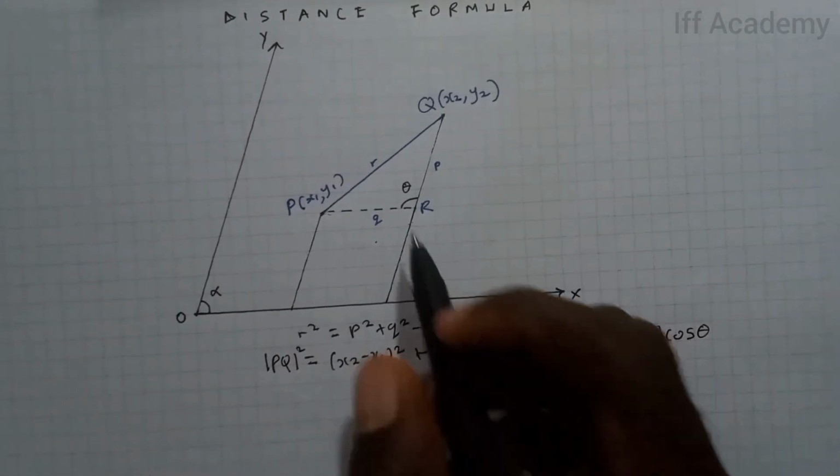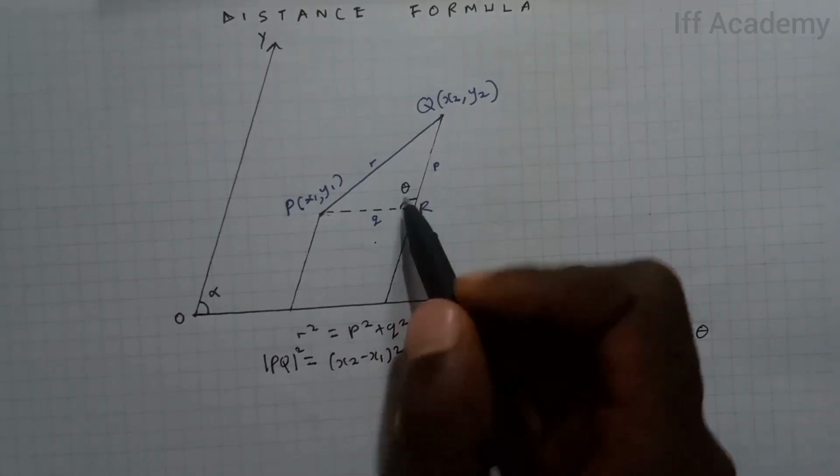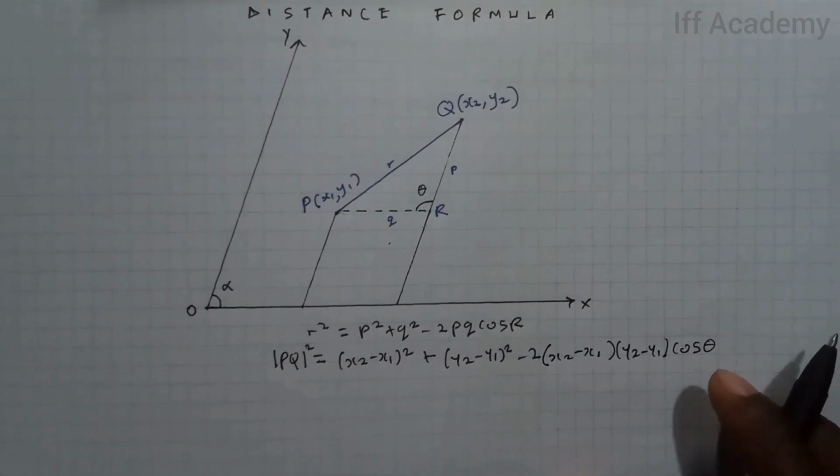So cos r is what? R is this angle, so that's cos theta, right?